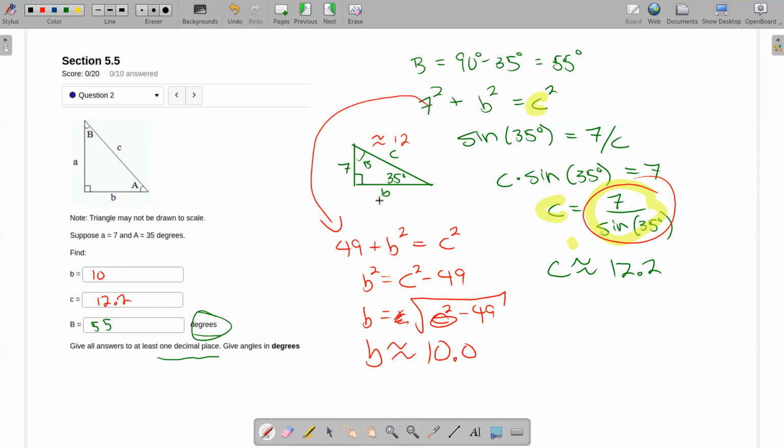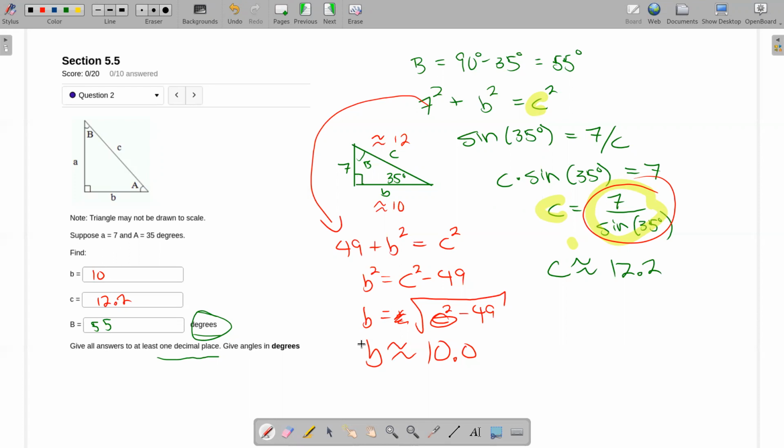And this one right here I think is about 10. Yeah, the hypotenuse has to be the biggest side, and it's just a little bit bigger than B down here. And both of them are quite a bit bigger than 7. Okay, so it helps to try and draw your picture to scale to the best of your ability. There are programs you can actually tell it to draw a 35-degree angle, which I'll show some other time.